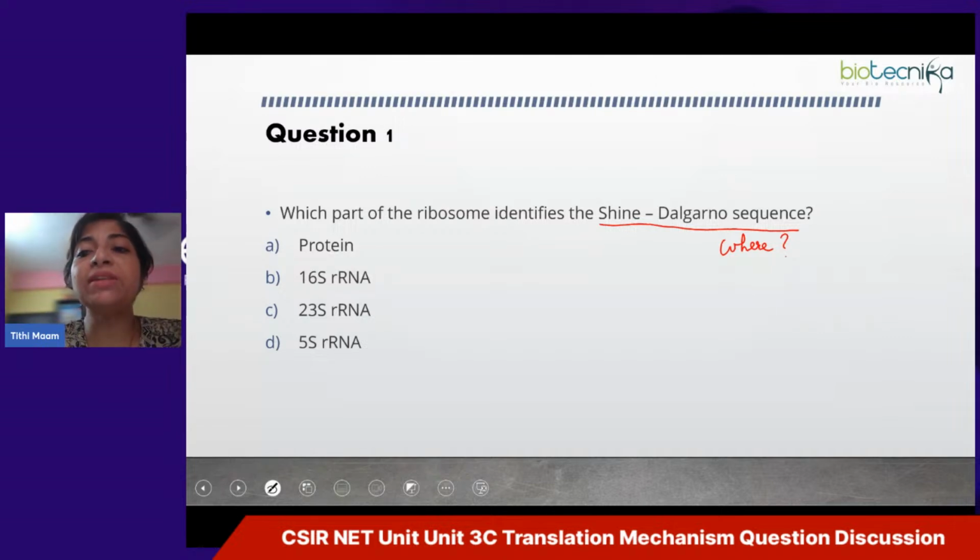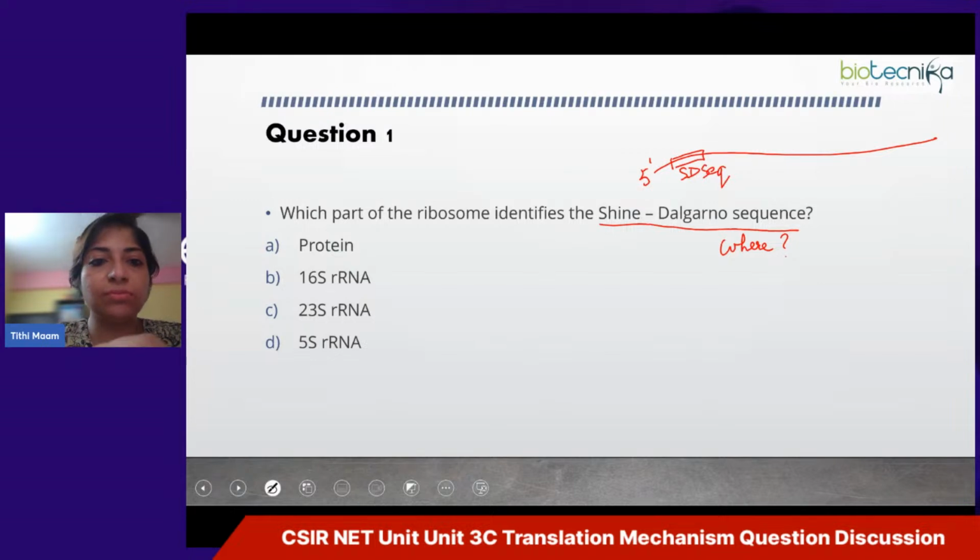If we have an mRNA like this, this is the 5 prime end, and near the 5 prime end we have this SD sequence. This SD sequence on the mRNA will pair with the 16S rRNA of the small ribosomal subunit.